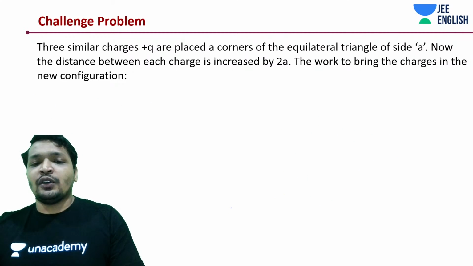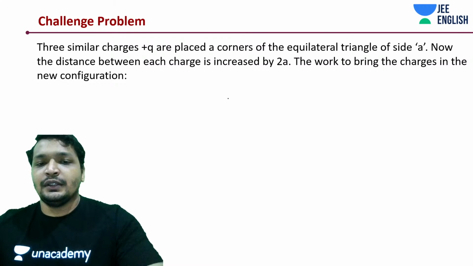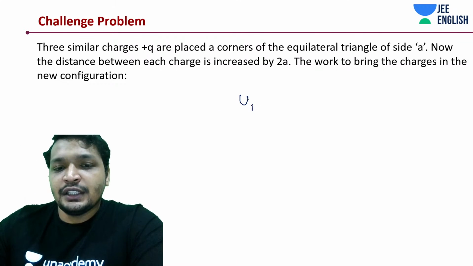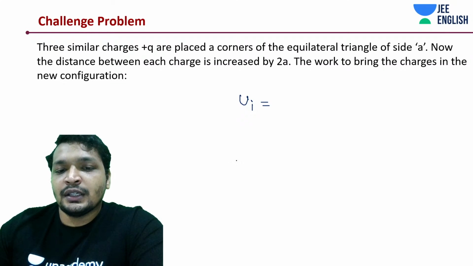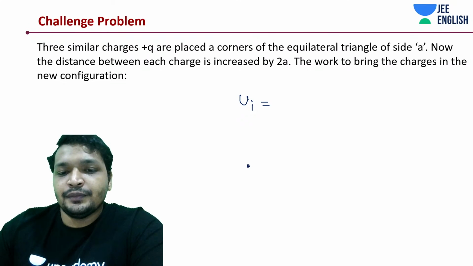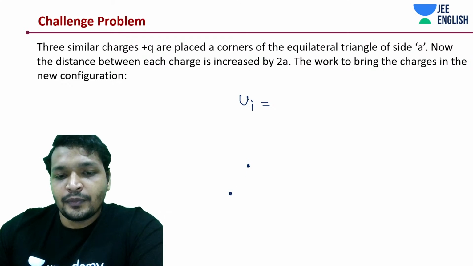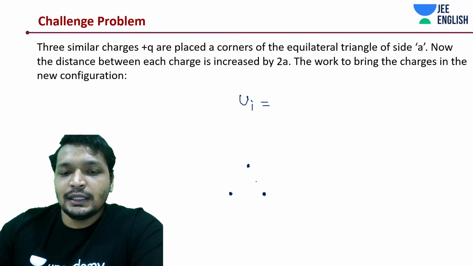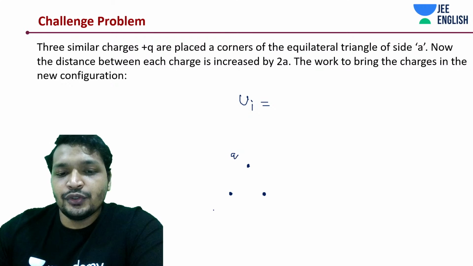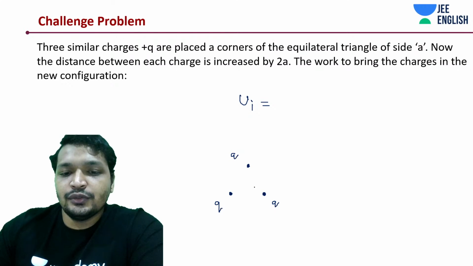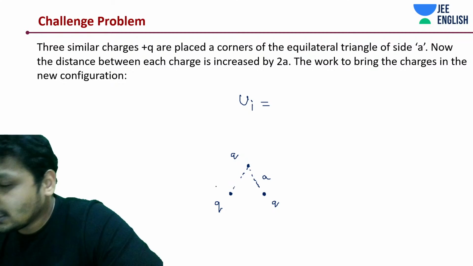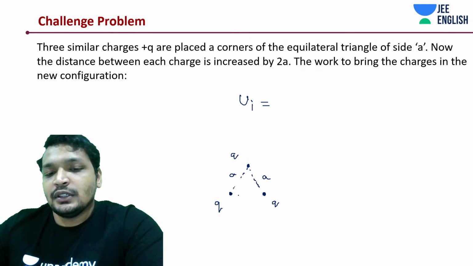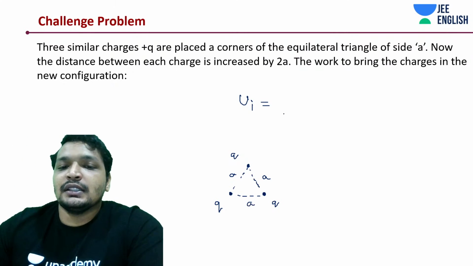So your initial configuration was something like this. You have a Q, a Q, a Q, and each Q is separated by distance A from the others.